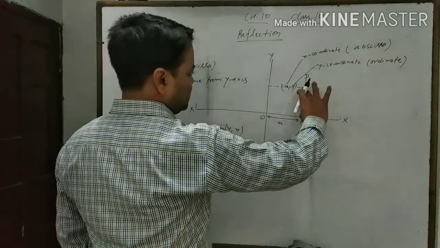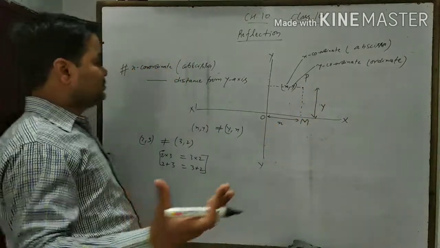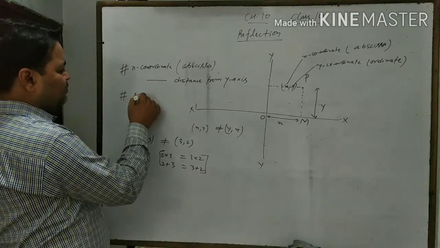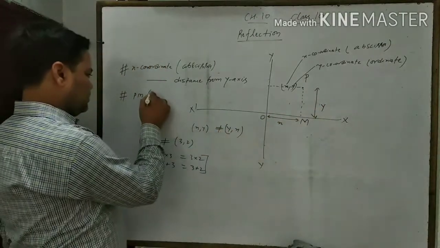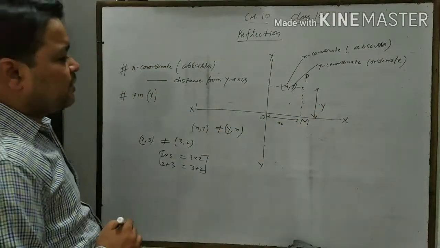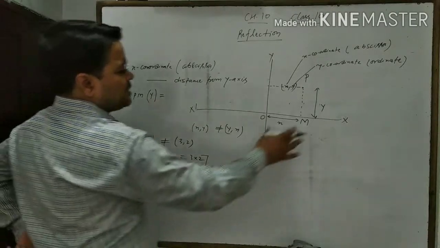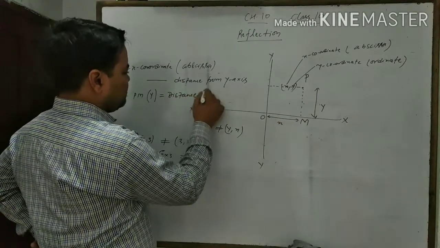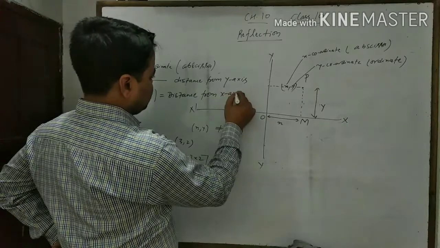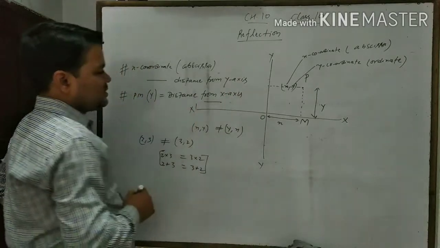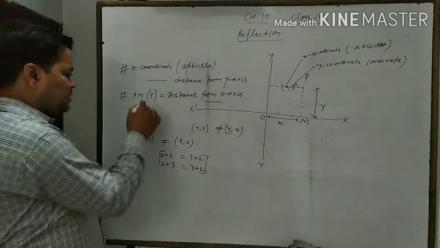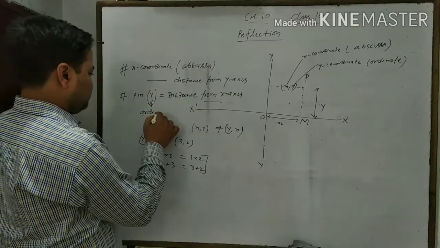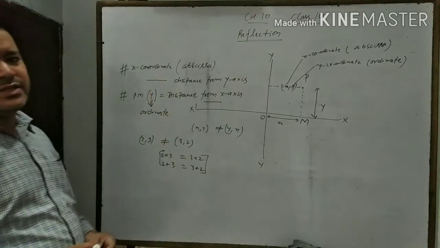Similarly, what is this? PM. PM means what? PM means y. PM is equal to the distance of the point P from the x-axis. And the distance from the x-axis is called the y coordinate, and the y coordinate is also known as ordinate.